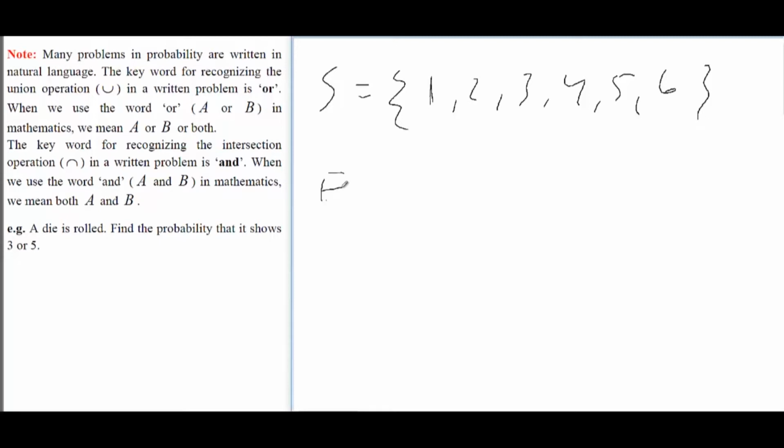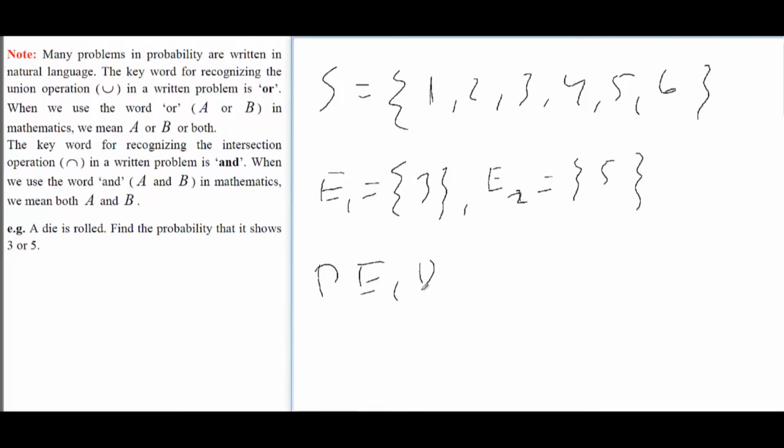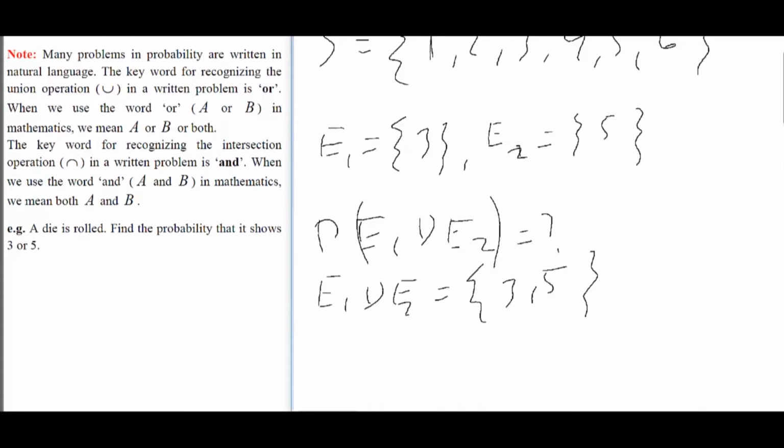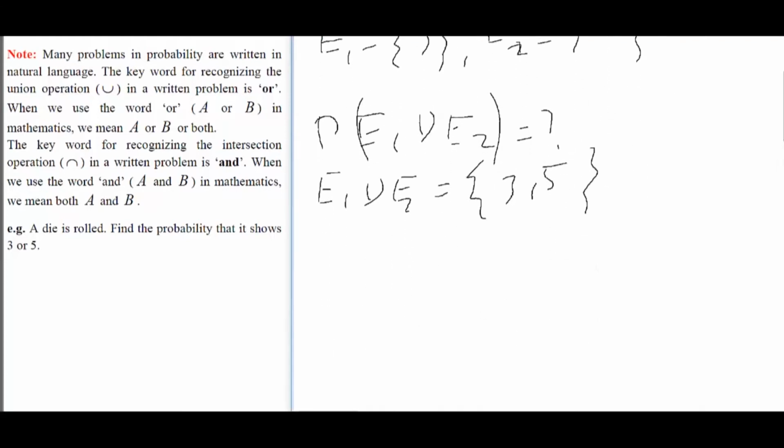It means event 1 is 3, event 2 is 5, and the question asks us the probability of event 1 union event 2. First of all, we should find E1 union E2, which is 3 and 5. So let's find the probability of E1 union E2.